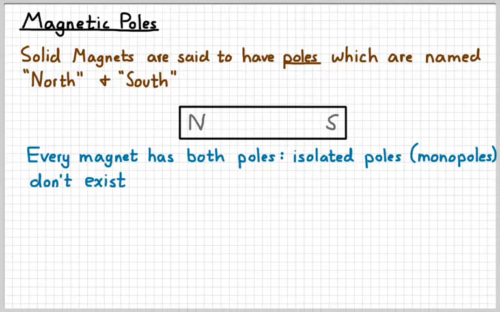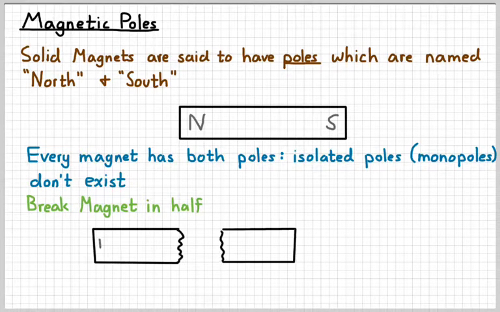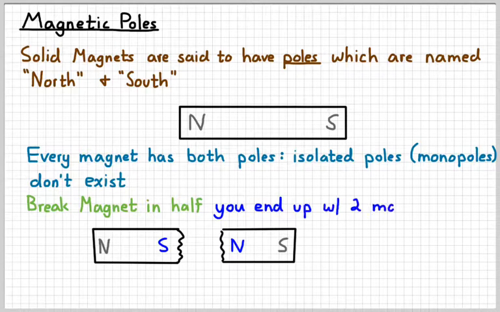Remember, electrons themselves act like tiny magnets. It's those electrons which give things that magnetic property. So if you were to take a magnet and break it in half, kind of like this, basically what you end up with is just two magnets. It's probably not going to be as strong as the original magnet, but now you've got two magnets. You're going to get a new south pole and a new north pole, so that both pieces have a north and a south pole.